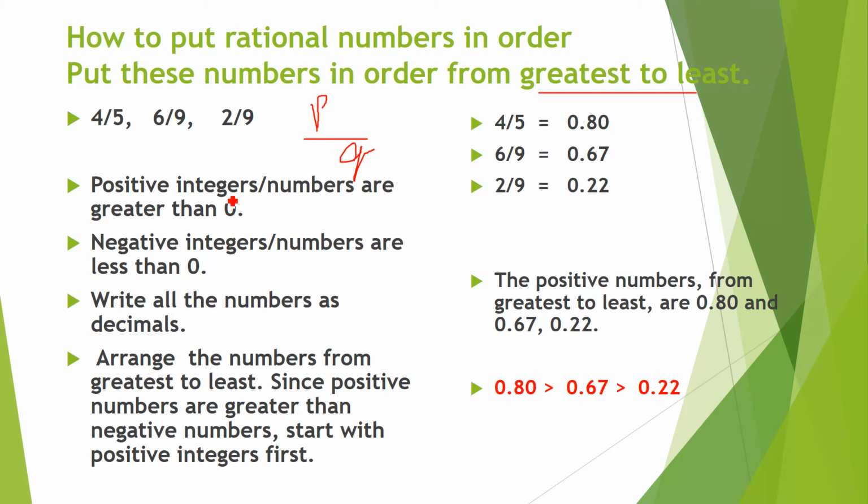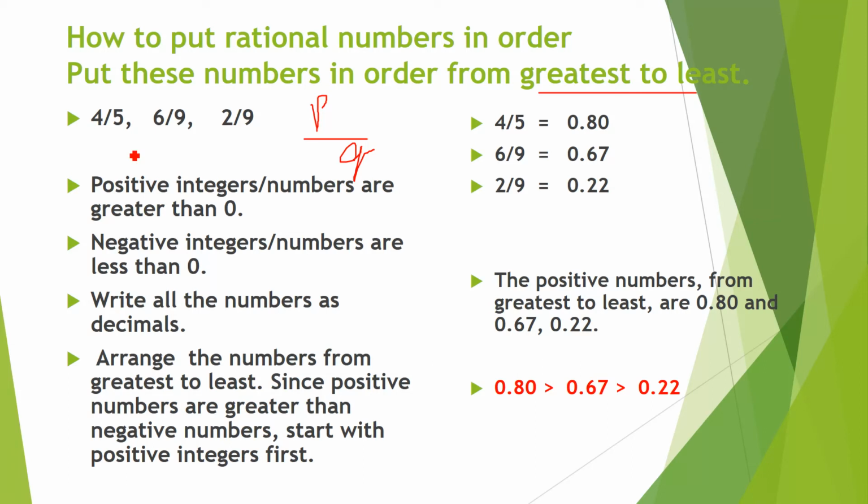Here I have mentioned a few points which you have to understand before starting these questions: positive integers or positive numbers are greater than 0, plus 1, plus 2, plus 3, 4, 5, 6, and so on. And negative integers or numbers are less than 0.